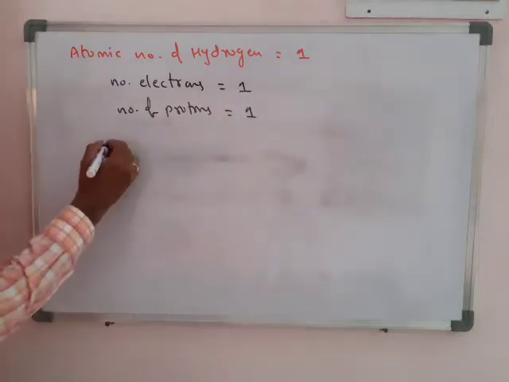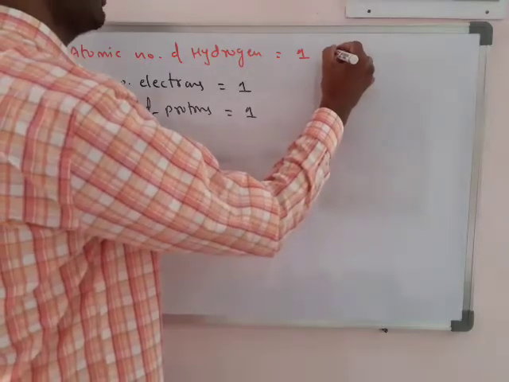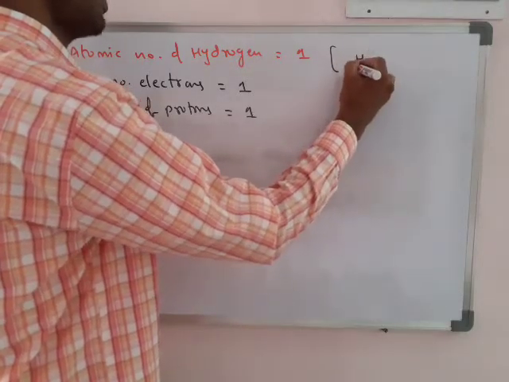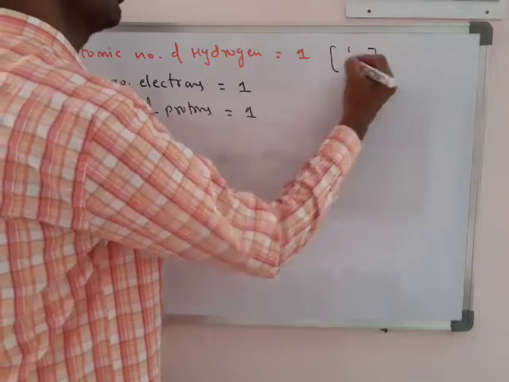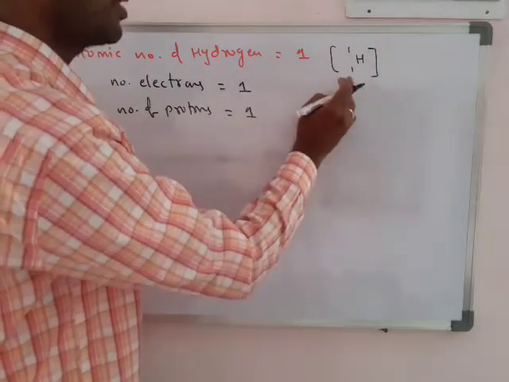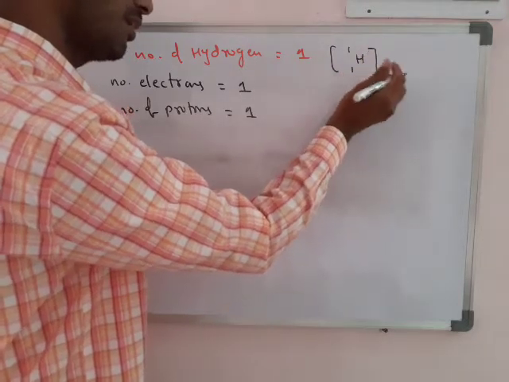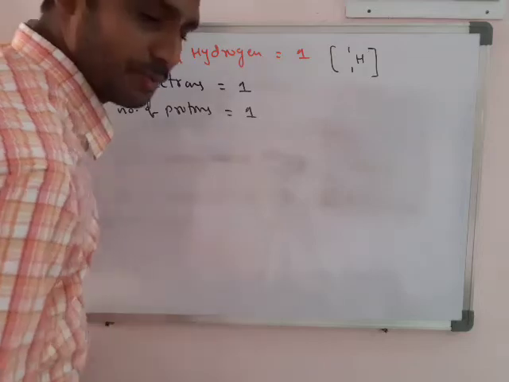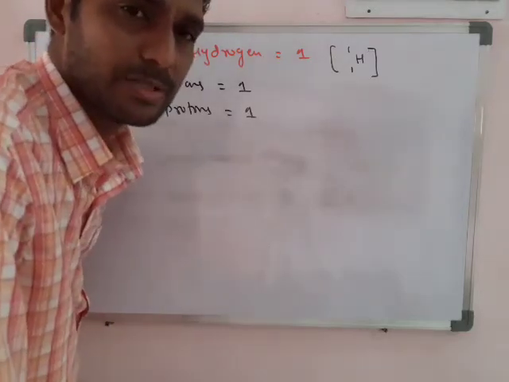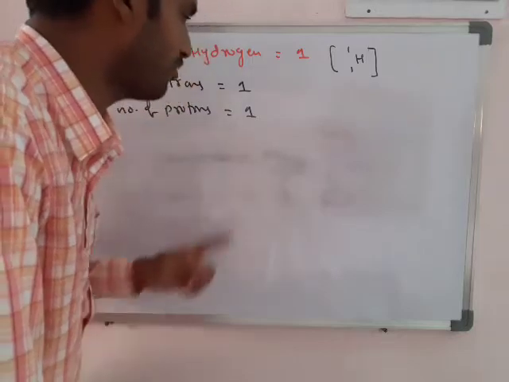That is important here. Hydrogen is also represented as H11. This is the basic hydrogen, represented as 1,1. We know that the left side bottom number represents the atomic number. Atomic number means exactly the number of protons, which is 1.